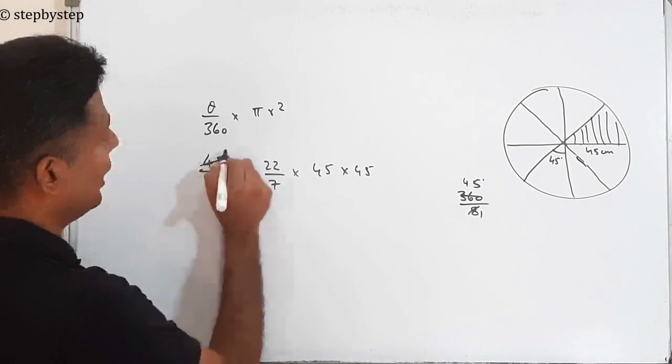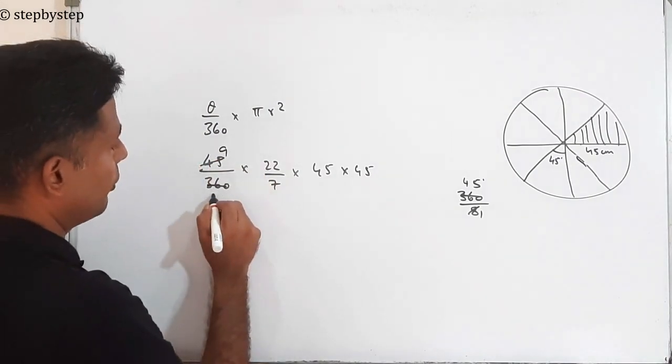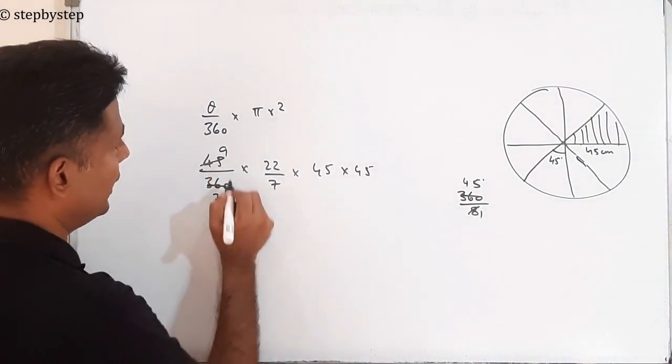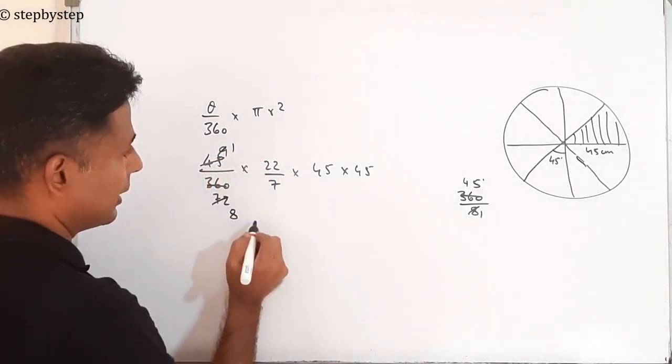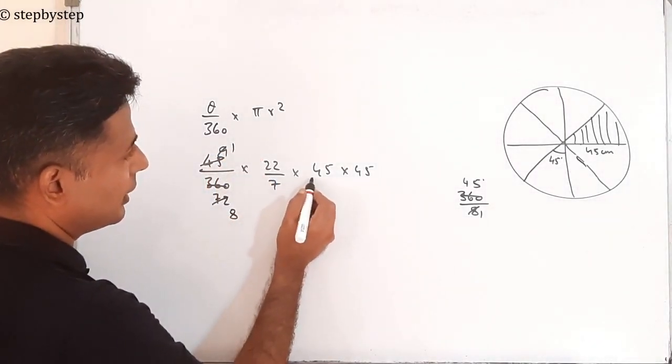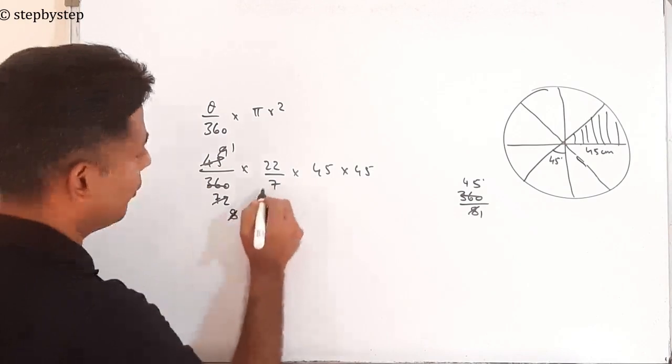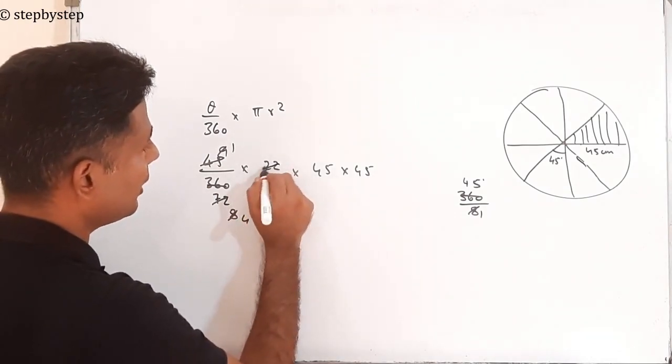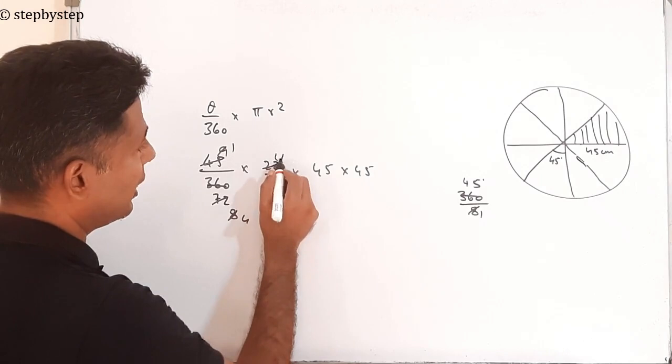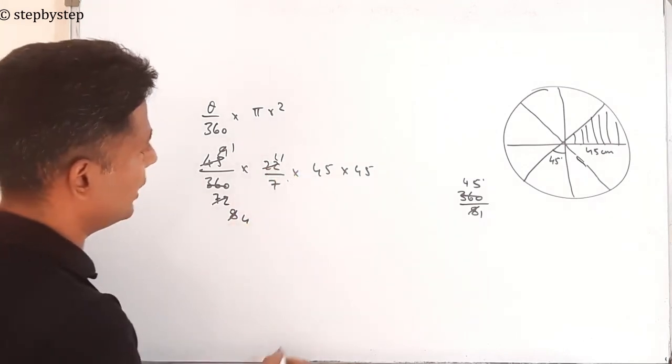Simplifying, we get 45 into 45 into 11 by 7 into 4.